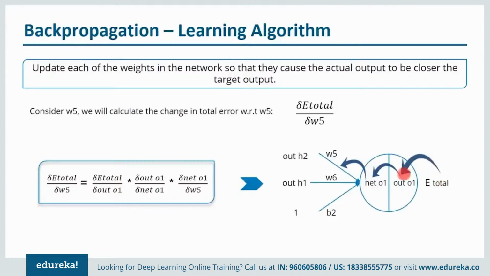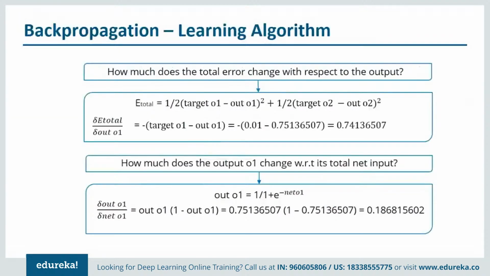Change in E total with respect to out O1, change in out O1 with respect to net O1, and change in net O1 with respect to W5. We're going to multiply that and we're going to get this particular term. And let us see how we do that. So how much does the total error change with respect to the output? E total by out O1, we're going to calculate it. It came around 0.741. Similarly, we're going to calculate how much the output O1 changes with respect to the net output.